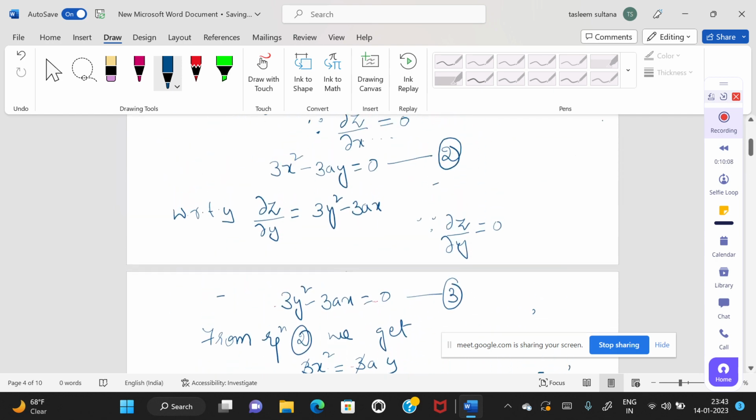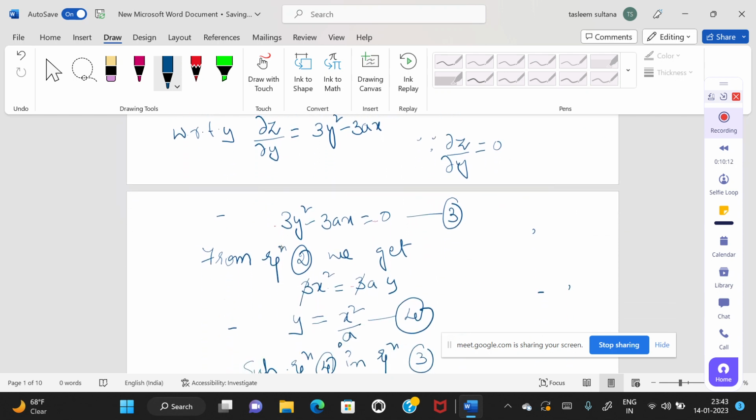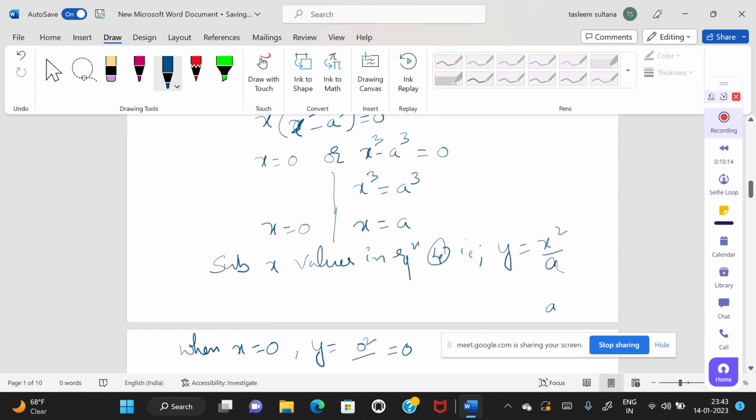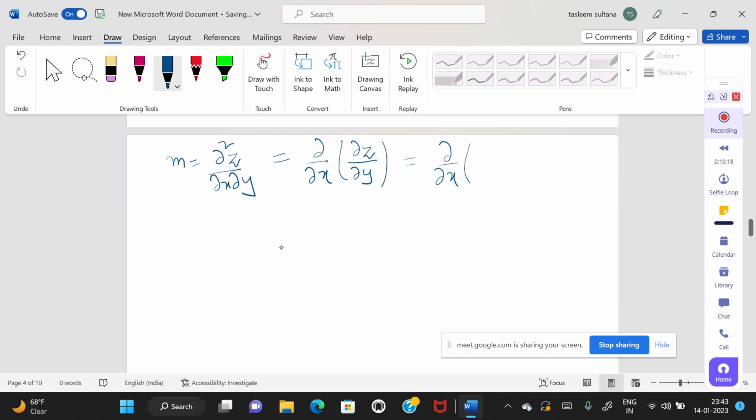What do we get? ∂z/∂y is equal to 3y² − 3ax. Now you have to differentiate again with respect to x. The first term will become 0. From here we are going to get −3a. So m is equal to −3a.